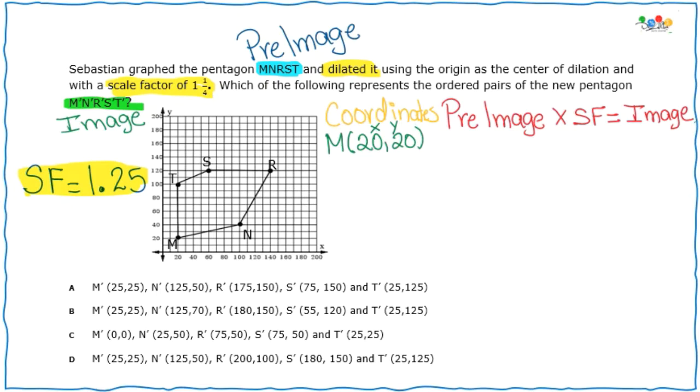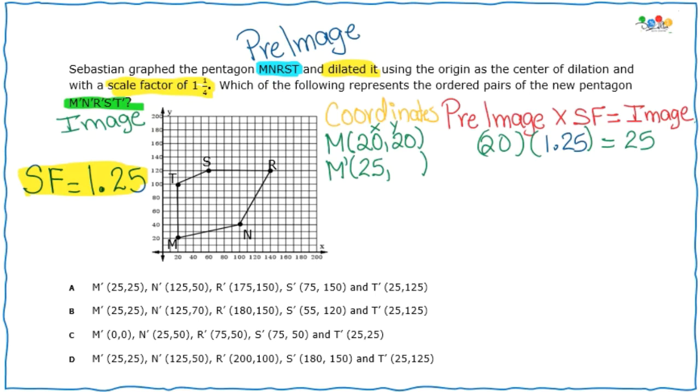All you've got to do is multiply the X value times the scale factor. So I'm going to multiply 20 times the scale factor, which is 1.25, and that equals my new image, which is 25. So when I write my M prime, I know the value for X will be 25.